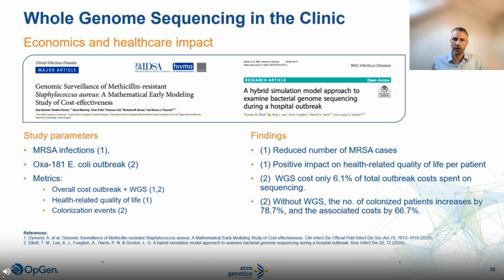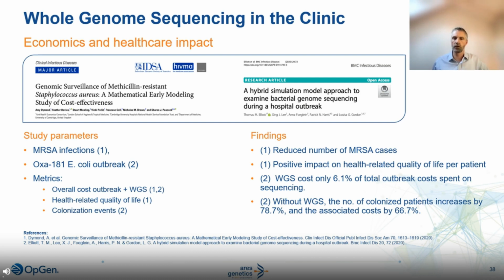They concluded that routine MRSA sequencing would result in fewer cases, including both colonization and clinical infections, and to have a small but measurable positive impact on health-related quality of life on a per-patient basis. And that effect was regardless of whether these patients have been infected or were only tested for MRSA. The team also estimated that routine whole genome sequencing was likely to be cost-saving under the model assumptions.